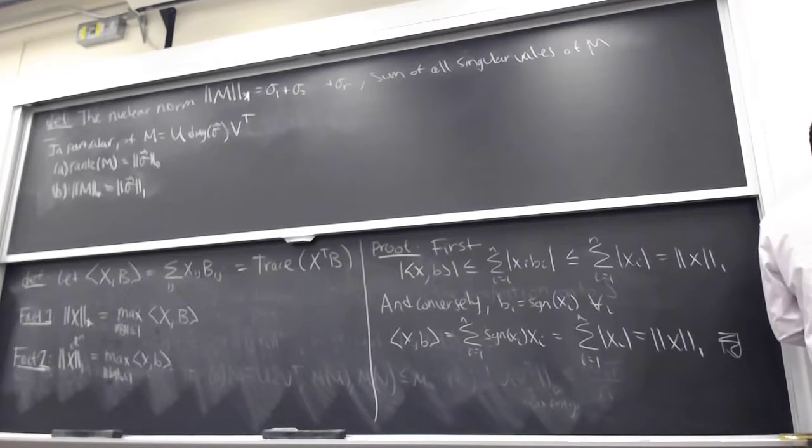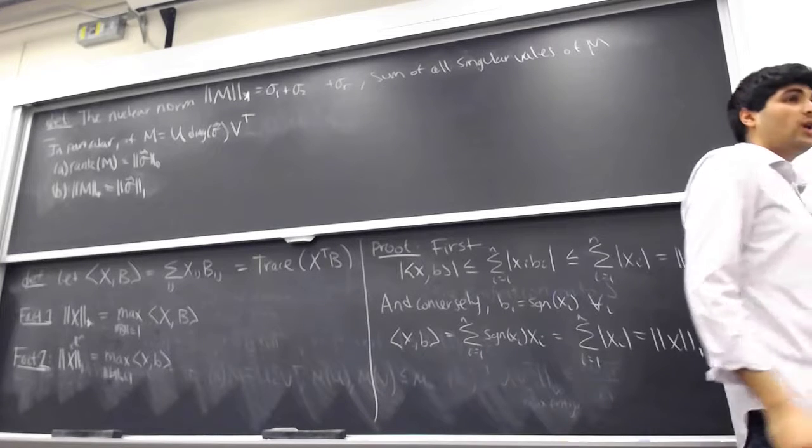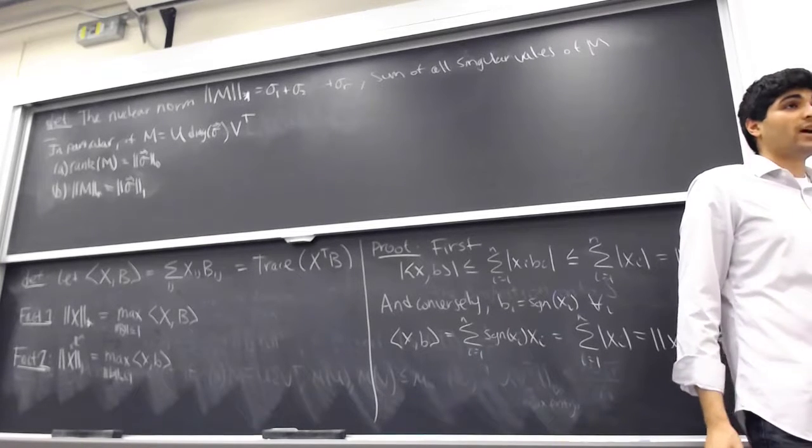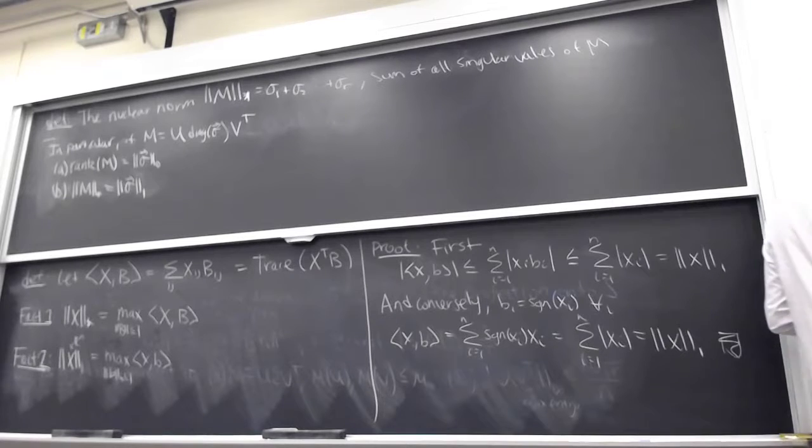So before we get to actually proving fact 1, let me tell you some of the facts that we're going to need. This is a very useful thing to know anyways.